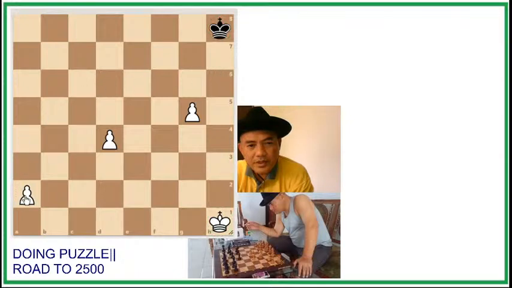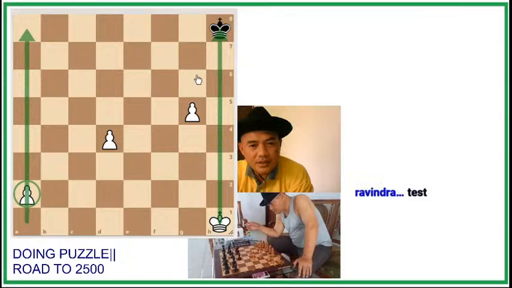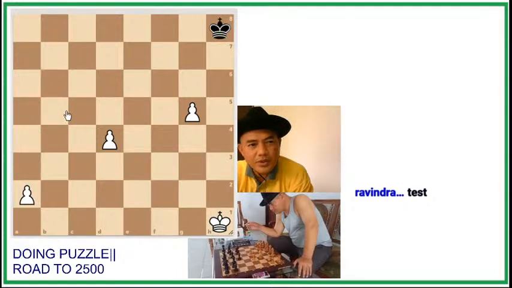If the pawn is on the h file, no matter where the pawn is, the pawn can be here, here, or here, then the key square when the pawn is on the h file is here on the b7 or b8.